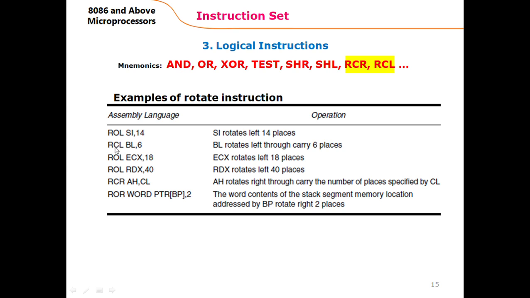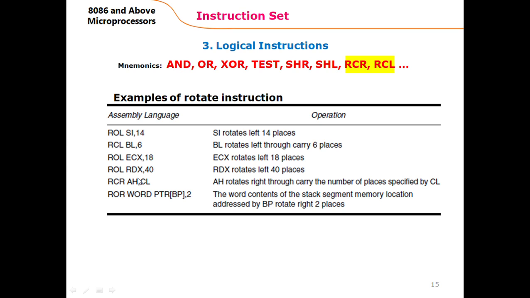Rotate left through the carry BL, CX, so this instruction would rotate left through the carry the value in the BL register by 6 places. And this is a 32-bit mode instruction, so rotate left, the 32-bit value in the register is left rotated by 18 places. And this instruction would rotate left the 64-bit value by 40 places.